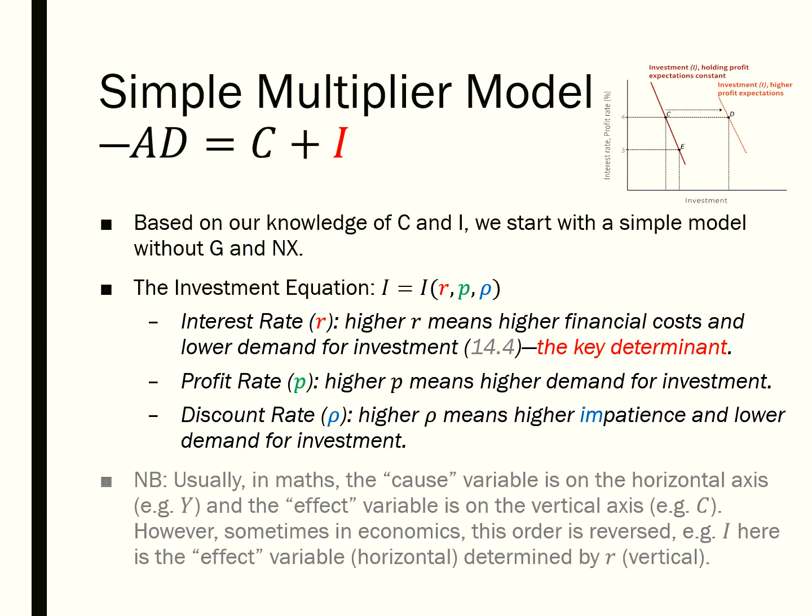However, in economic models, we sometimes reverse the order. As you can see from the graph at the upper right corner, the vertical axis presents the cause variables, or independent variables, such as interest rate and profit rate, and the horizontal axis is the effect variable, or dependent variable, the investment I.